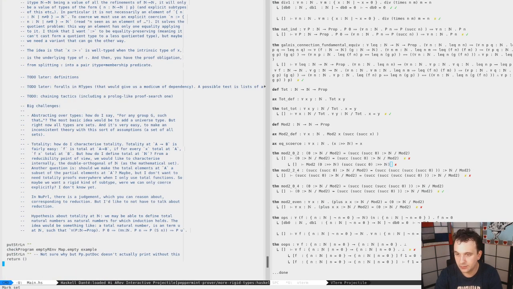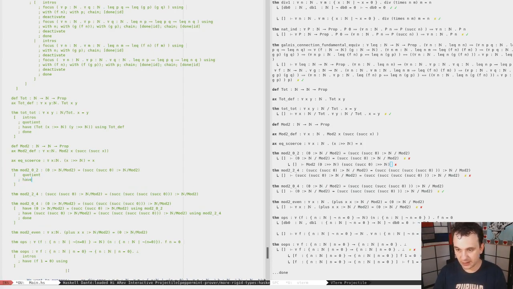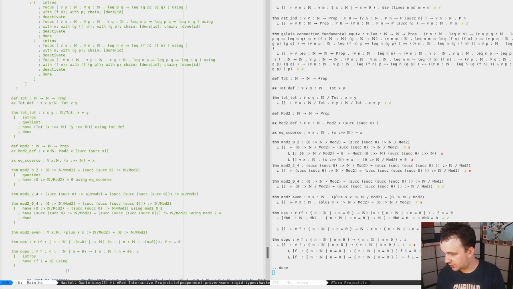And so we can now say have this equal 0 using AQ coerce. Check that it works.